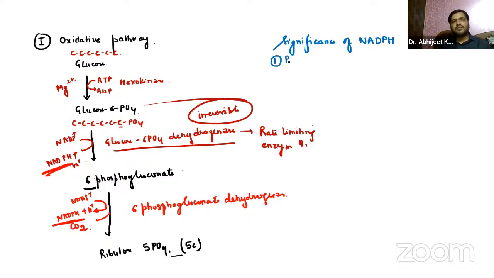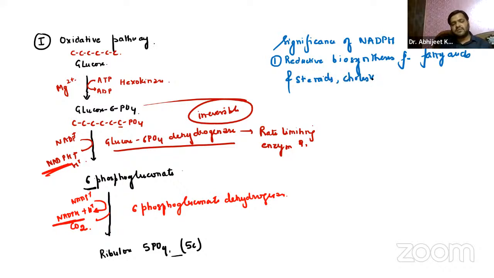Now, the very first one, you already know, it is reductive biosynthesis. Biosynthesis of fatty acids and steroids, even the cholesterol, right? Now, where does this oxidative phase operate, where the reductive biosynthesis of these fatty acids takes place? It is liver, right? I've already told you we have adipose tissue.